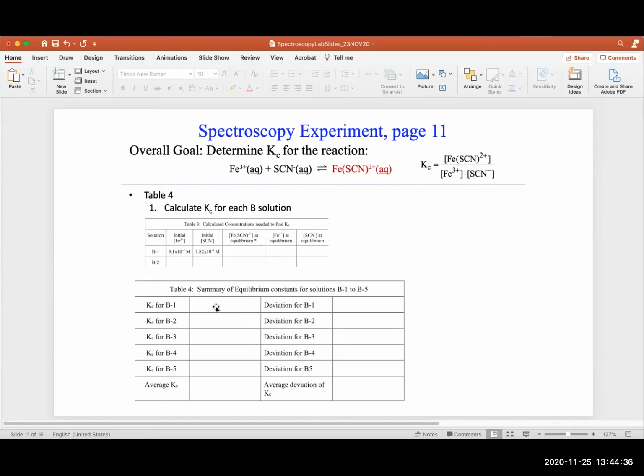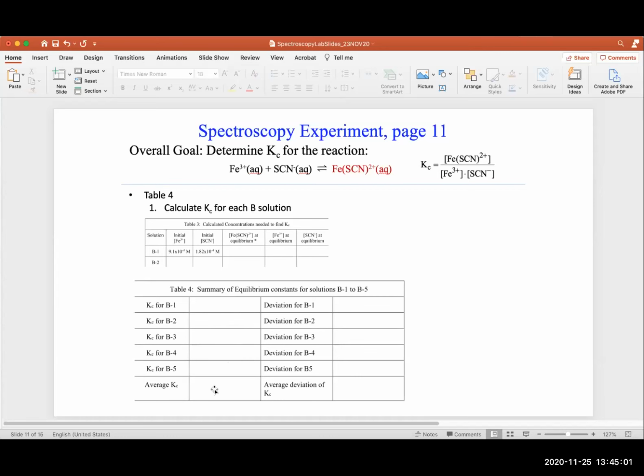That means the K value is constant, which means it's not changing for a given reaction as long as your temperature remains the same. So we expect, based on our memory of our equilibrium chapter, for the numerical value of K to be the same for all of these solutions, because it's a constant for a given reaction at a given temperature.